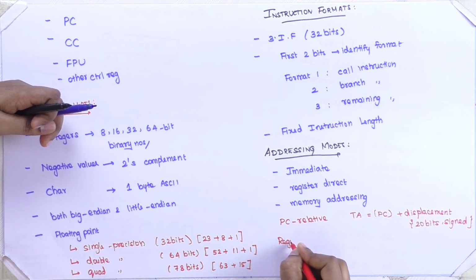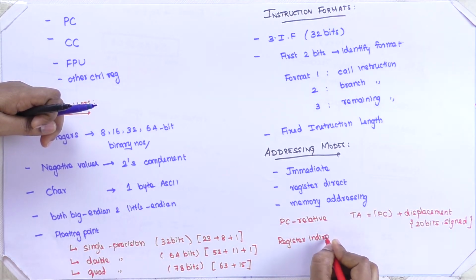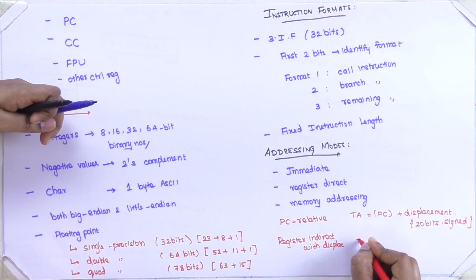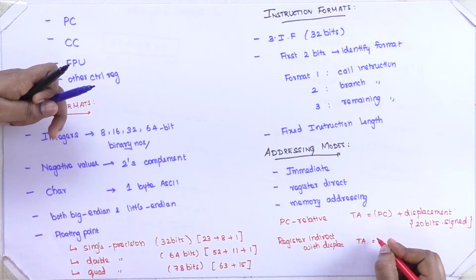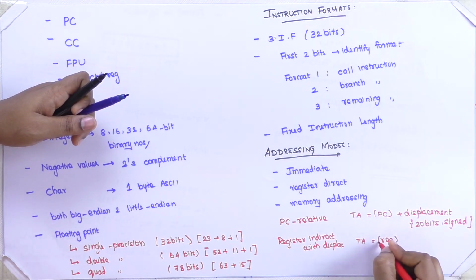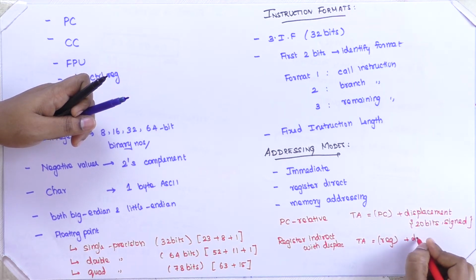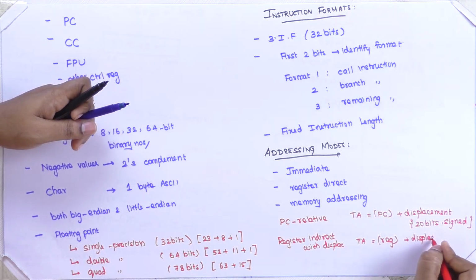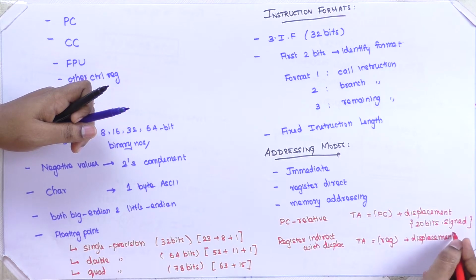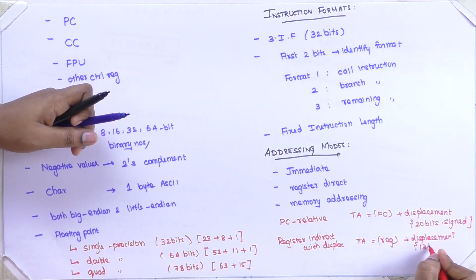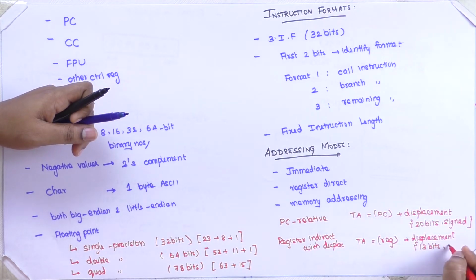Then register indirect with displacement: here the target address is calculated as the content stored inside the register plus displacement. This is 13 bits and signed.